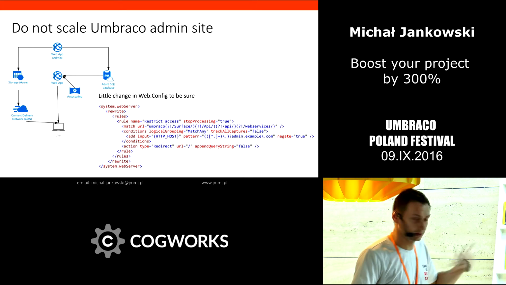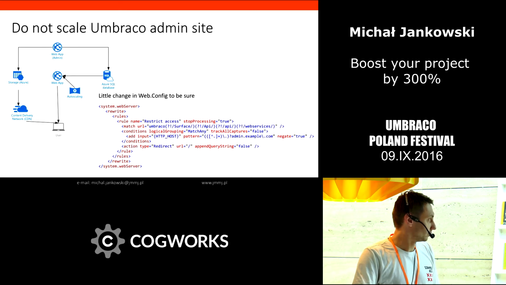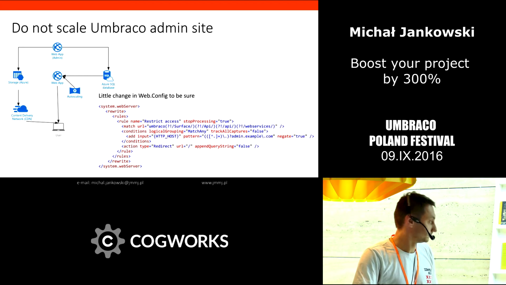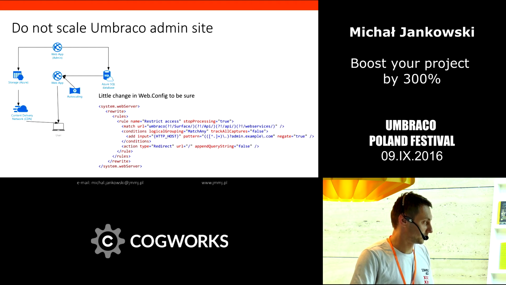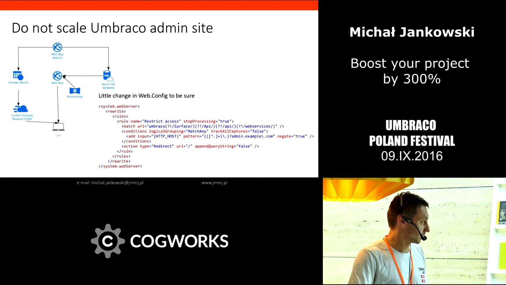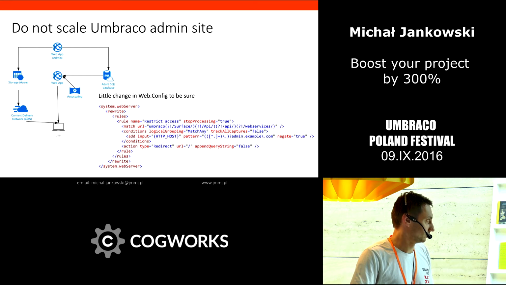So we just add another plan, which is only one instance all the time, hard-coded, and it is used just for editing and testing on a different domain. And here's what we do also, because users are only users, and they don't care that they should edit from here. There's another web config rule which cuts the admin panel from here. So they have to know the address.